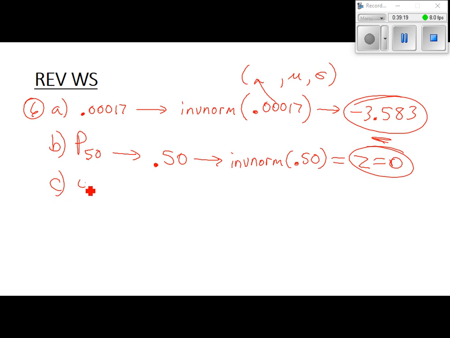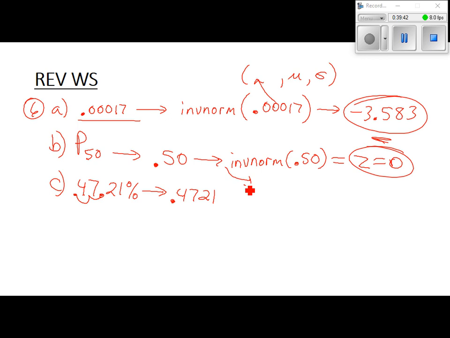Letter C, 47.21%. Same idea, we want to change this time from a percentage into a number that looks like that. So what do we do with the decimal? We move it 2 places over, so that's going to change to 0.4721. Then we're going to do all this same stuff.